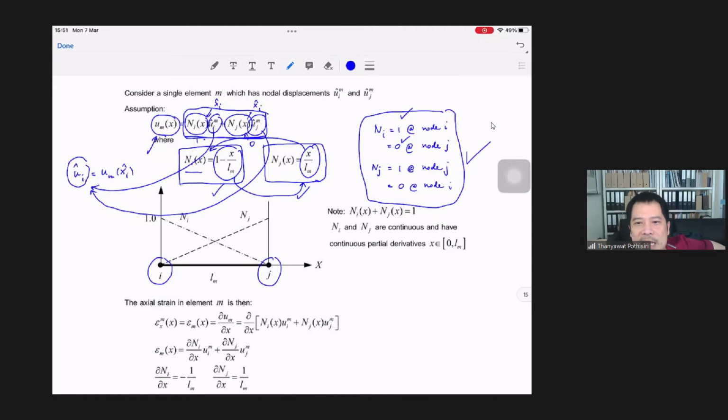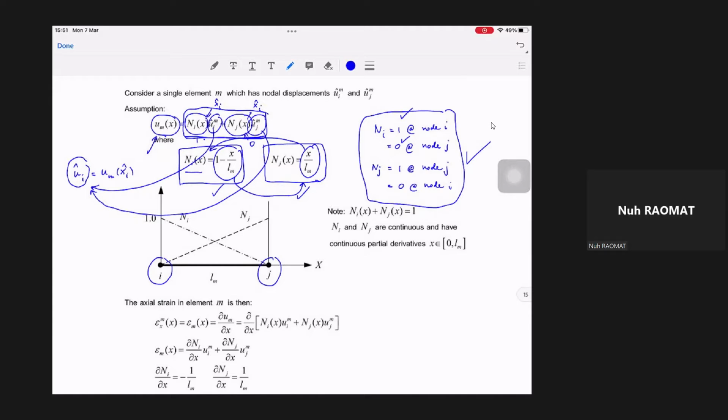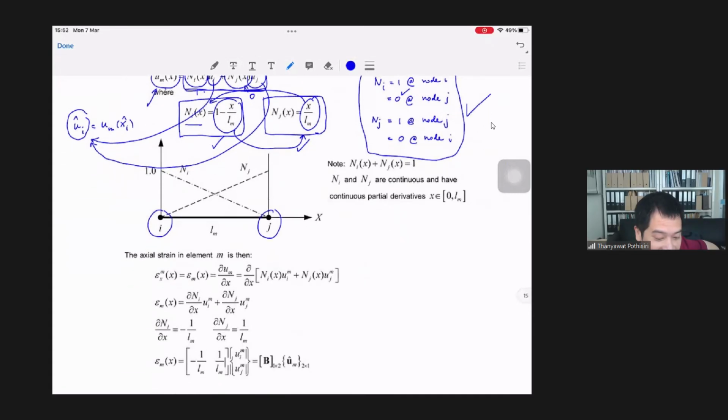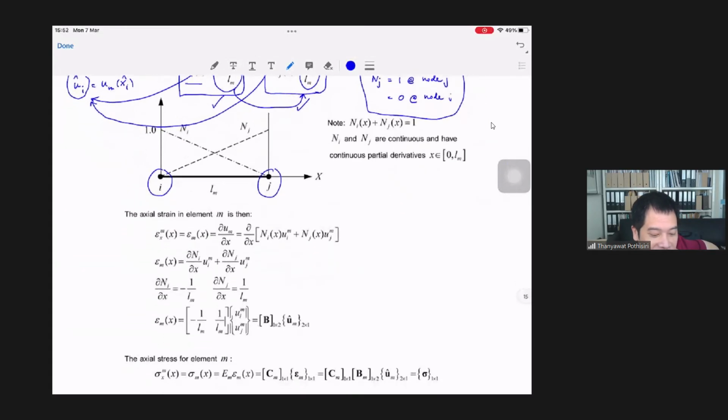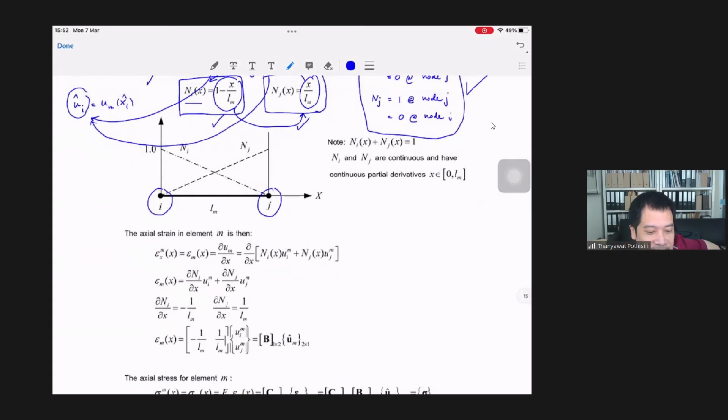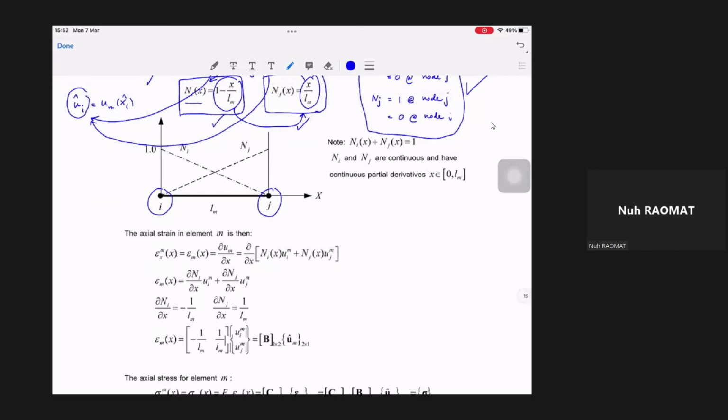My question was, can we use different types of function other than linear function? I think, in my opinion, it can, but it's very difficult to approximate. It would become very difficult. You think so? Okay. All right. Thank you.